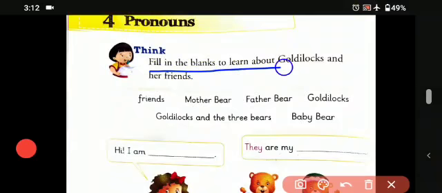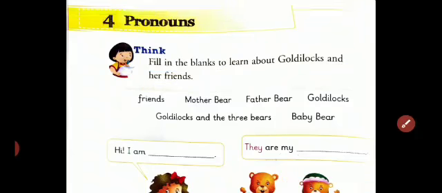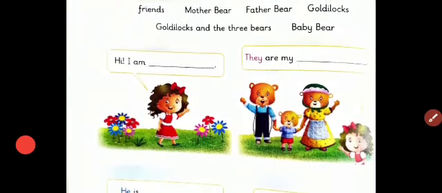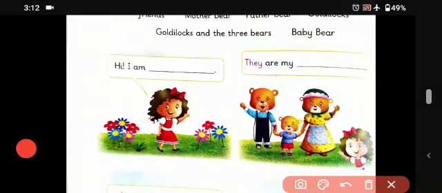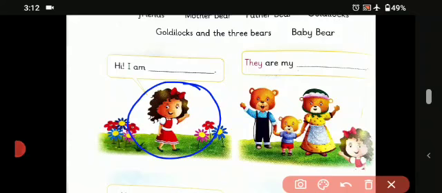Fill in the blanks to learn about Goldilocks and her friends. So there is a given sum of the fill in the blanks and we have to fill it. So here is a girl, we can see here. So what she says, "Hi, I am Goldilocks." So her name is Goldilocks.